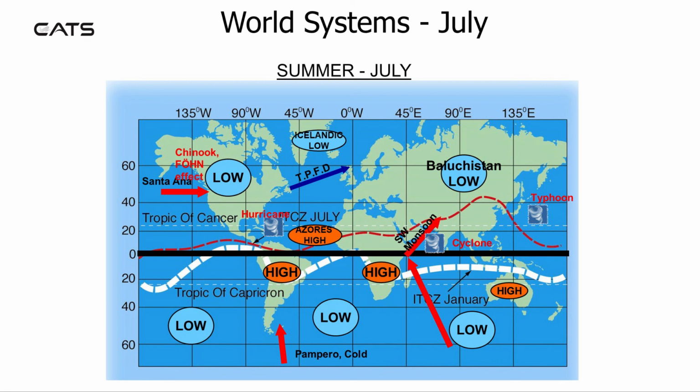There'll be hurricanes in the Caribbean, and the Azores high will be extended. You can expect cyclones and typhoons around India and Japan respectively. In the southern hemisphere, there'll be high pressure over land and low pressure over the seas.